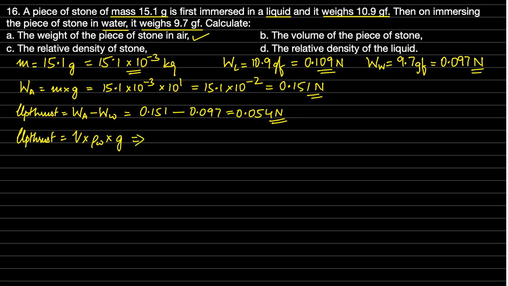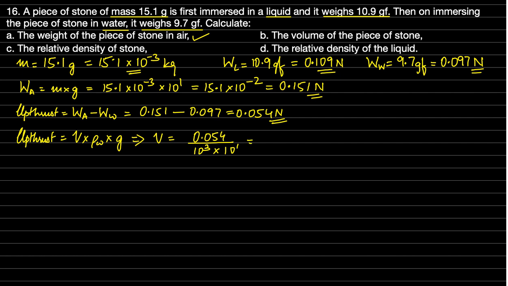So volume is going to be equal to upthrust, that is 0.054 divided by density of water, and acceleration due to gravity goes to the other side. So density of water is 10 to the power of 3 into acceleration due to gravity is 10, which can be written as 10 to the power of 1.